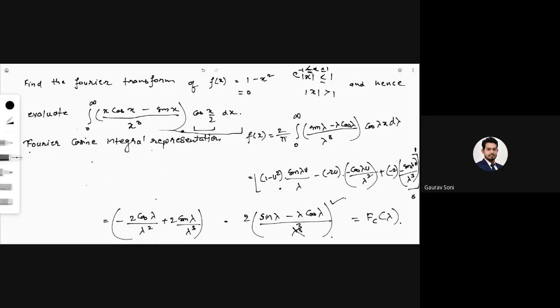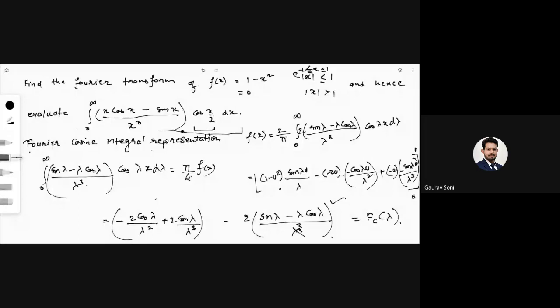So I'll keep this expression as the left hand side, integral 0 to infinity. There is one more 2 there. So (sin lambda minus lambda cos lambda) by lambda cube, cos lambda x d lambda is equal to pi by 4 f of x.